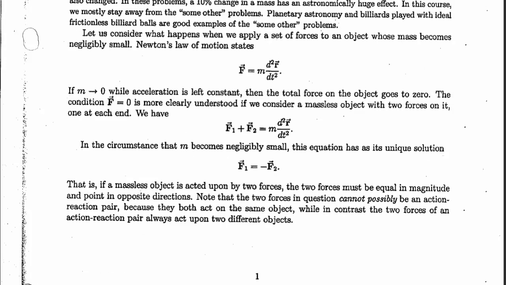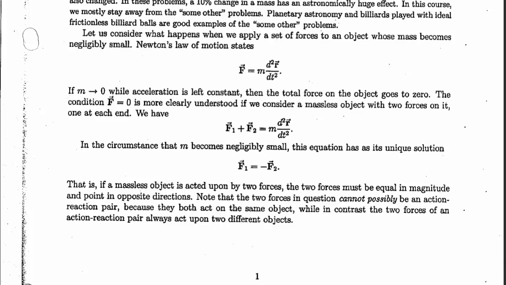And therefore, if we apply several forces, because the force in Newton's second law is the total force, the total force is still mass times acceleration. Of course, this is the grown-up course, so we are using the grown-up symbol for acceleration, not the little kitty symbol for acceleration. Now, what happens if m becomes negligible?